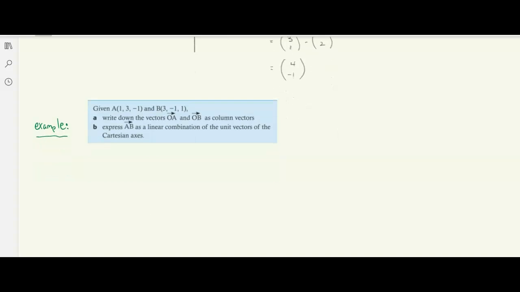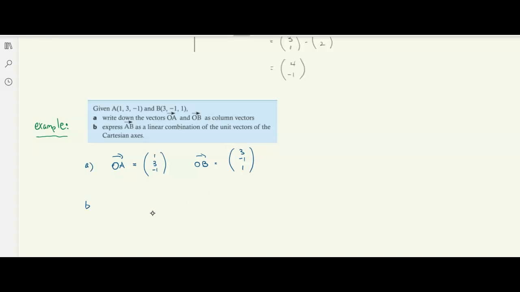Okay, let's compare notes. OA. So that's the position vector of A. It's a vector from O, the origin, out to A. So that is just going to be 1, 3, negative 1. OB is going to be 3, negative 1, 1.